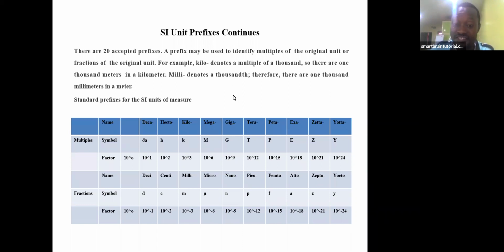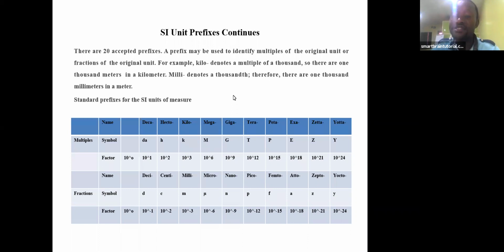The prefixes give us a definition for smaller or larger quantity. There are 20 accepted prefixes. A prefix may be used to identify multiples of the original unit or fractions of the original unit. For example, kilo denotes a multiple of 1,000. So there are 1,000 meters in a kilometer.